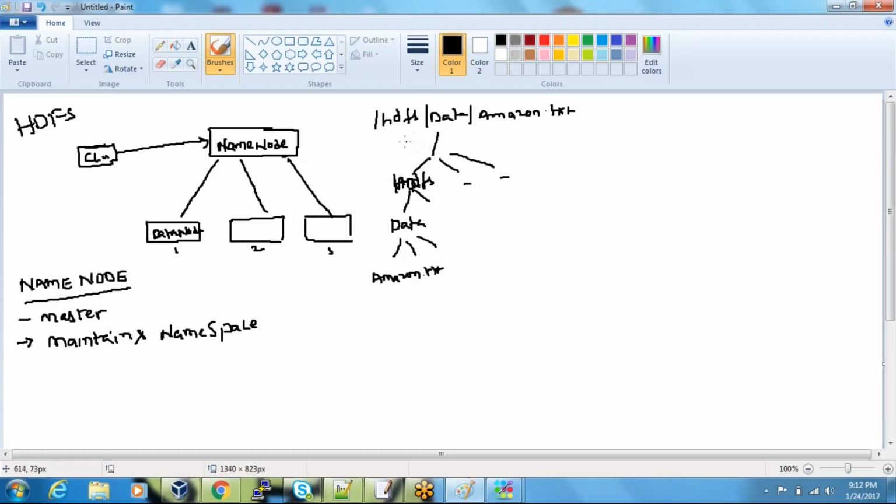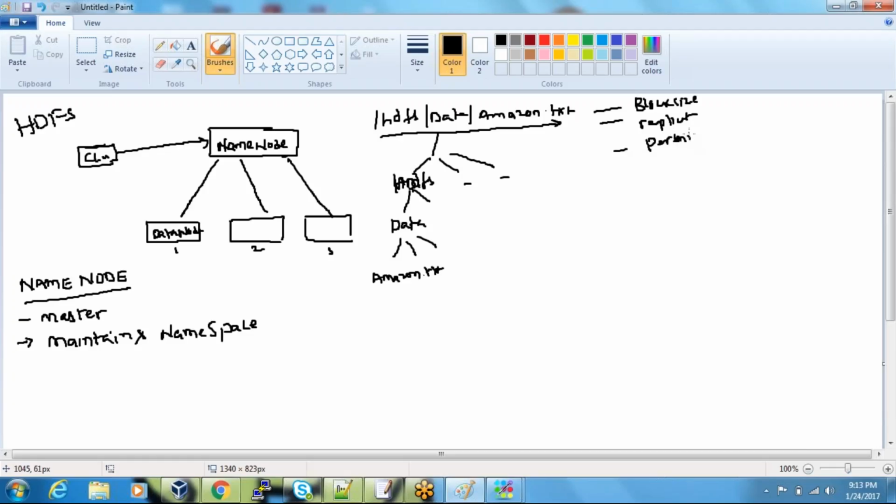So the namespace information means where the file is loaded in the HDFS location, what the block size is, what the replication is, and what the permissions are.